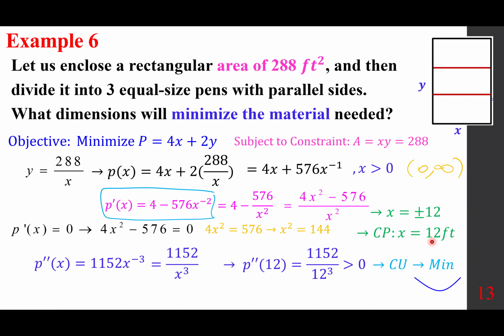So you put the number 12 into this or this, and y becomes 24 feet. So we have the dimensions. x is 12 feet, y is 24 feet. So we do have the dimensions, class.